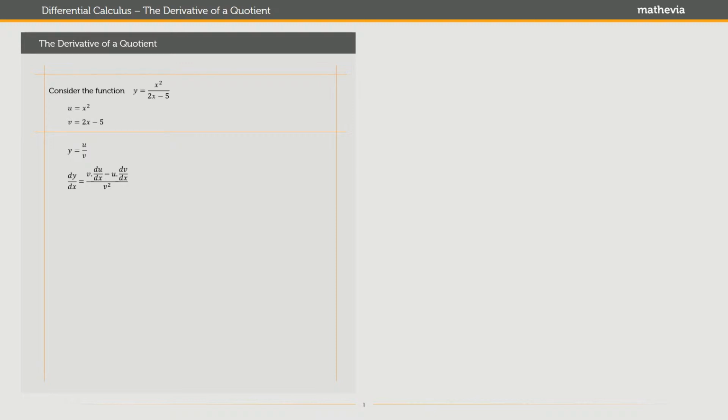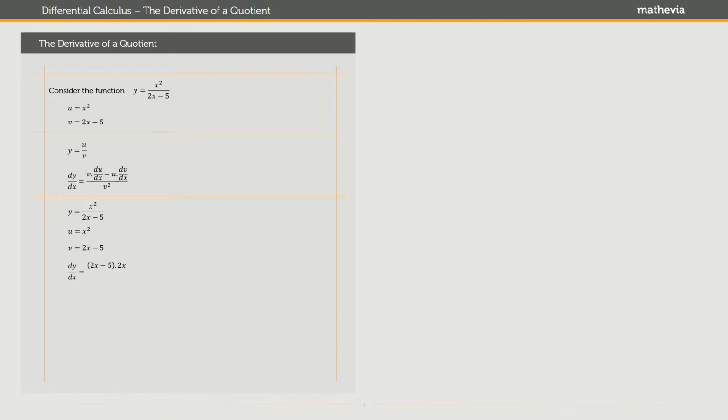Now we're going to use this formula to solve for the derivative of the function y equals x squared divided by 2x minus 5. So we have that u is x squared and v is 2x minus 5. And then we have that dy dx. The first thing we're going to do is keep v constant, so 2x minus 5 multiplied by the derivative of x squared, which is 2x.